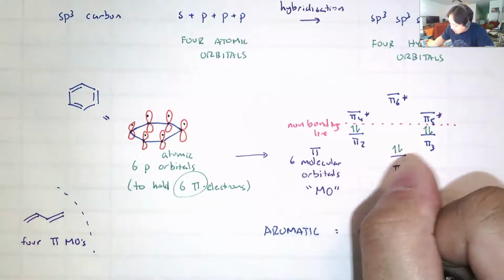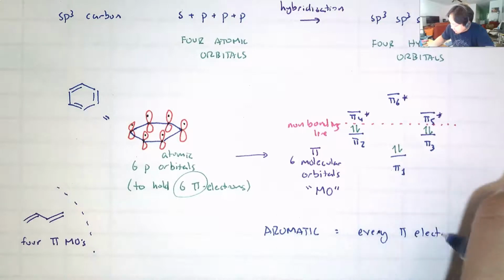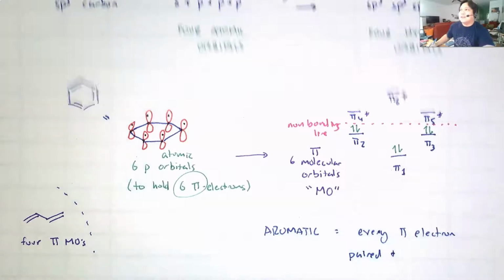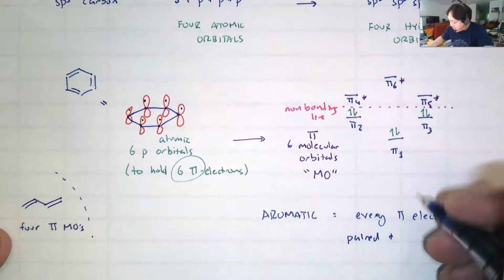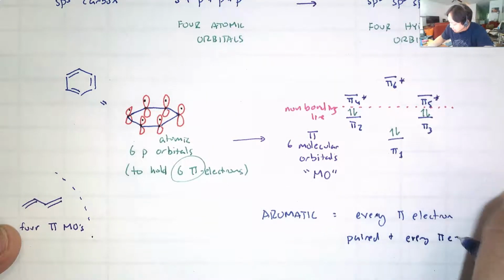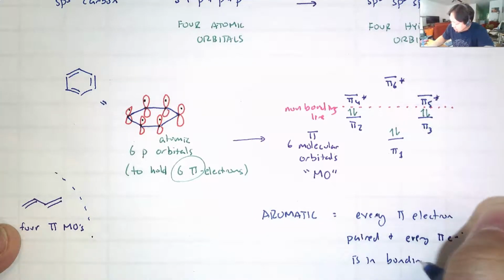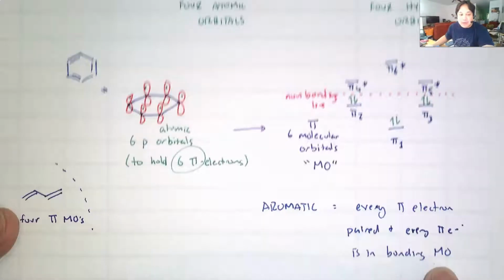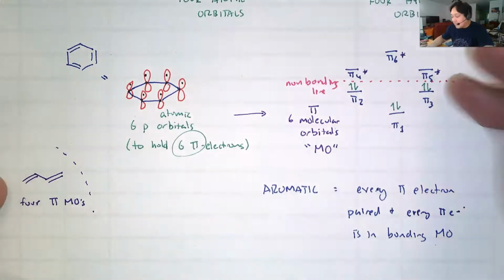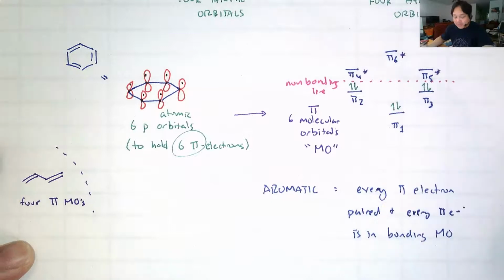Aromatic is when you have every pi electron paired, and I just want to double check this, every pi electron is in a bonding MO, not atomic orbital, but molecular orbital. This is memorization, the way that MO energy levels are arranged.